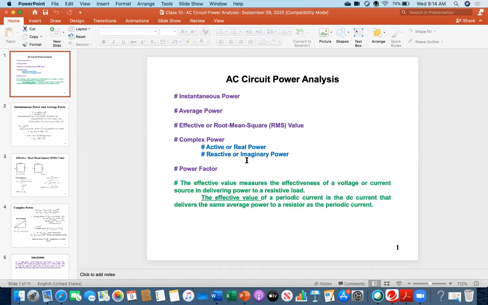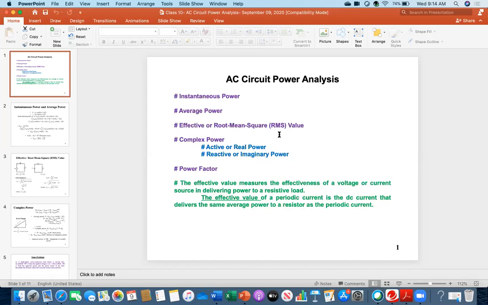Accordingly, there are two types of power, real power and imaginary power, which in electrical engineering terms we call active power and reactive power. We will look at their definitions and mathematical representations, followed by some numerical examples.